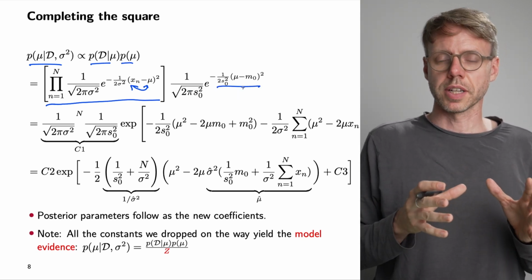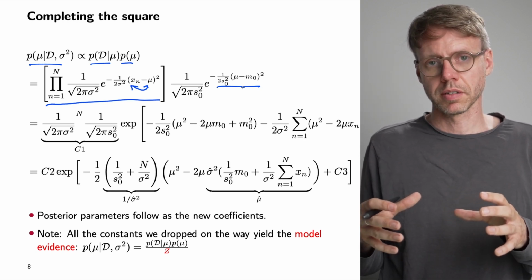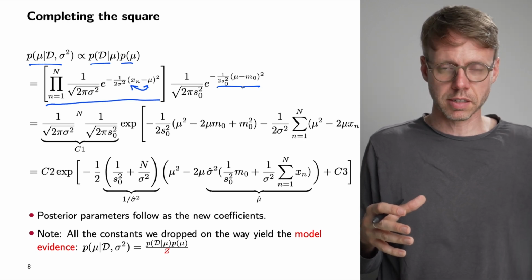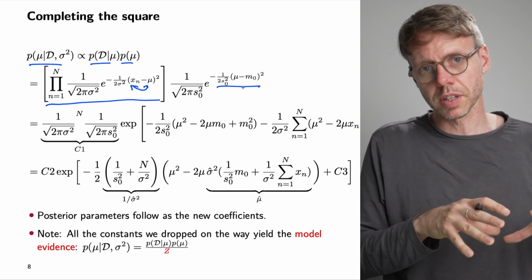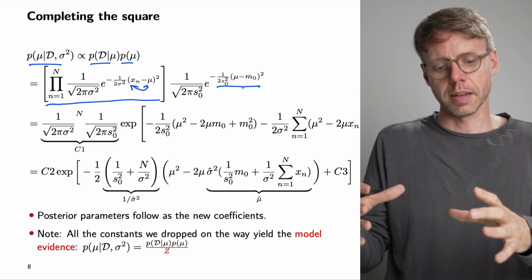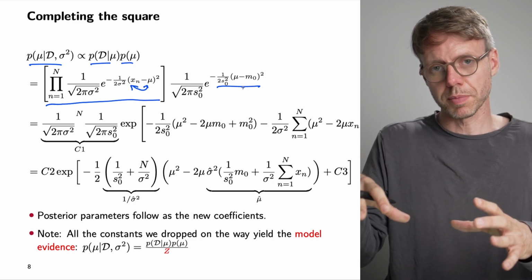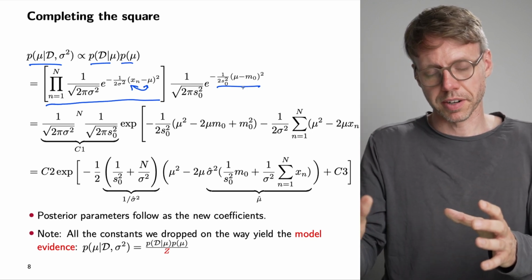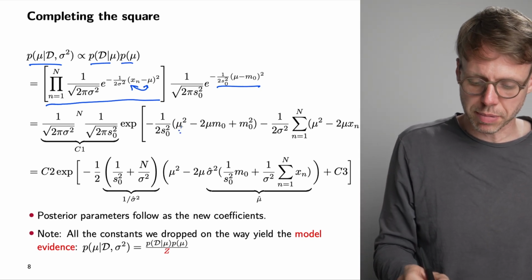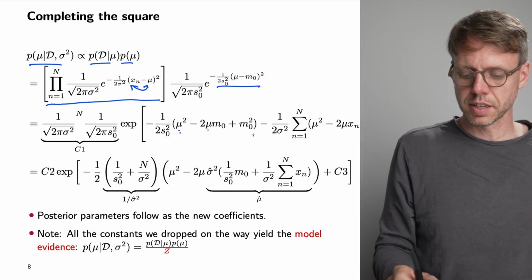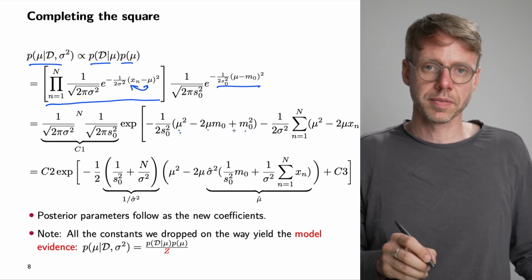The variable of interest appears only in the exponential part, and there only as minus 1 divided by 2 times the variance of the distribution times the variable of interest minus the mean of this normal distribution, and that whole thing squared. If we multiply that out, we always get a quadratic part, we always get a linear part, and then a part that is, so to say, constant additive.